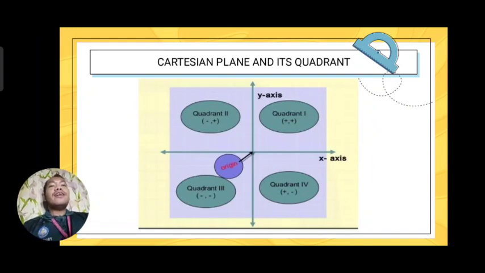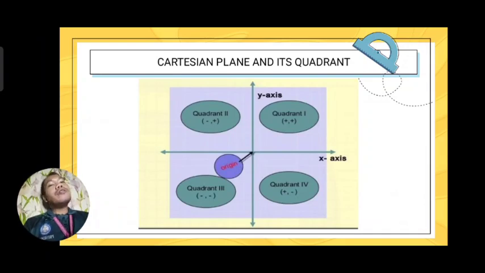So here is the Cartesian plane and its quadrants. So we have the x-axis and the y-axis. In the first quadrant, our signs for x and y are positive and positive. So they're both positive.